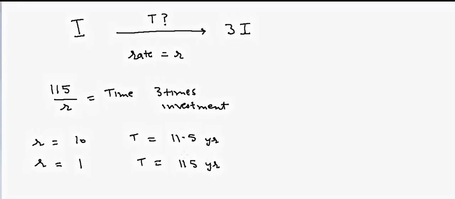So why does this happen? Let's try to solve this problem with the journal approach. The approach is to have your investment, and we multiply this investment by 1 plus the interest rate, and each year it is compounded, so we have it raised to power t, and that should be equal to 3I because we are looking for the investment to grow 3 times.